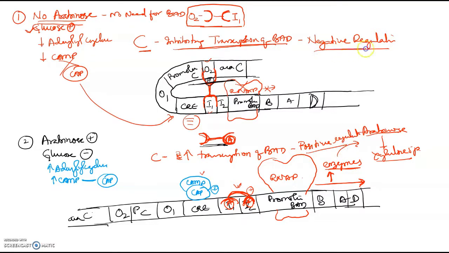So both positive and negative regulation will occur with the arabinose operon.